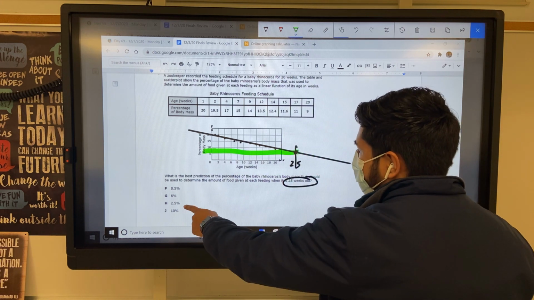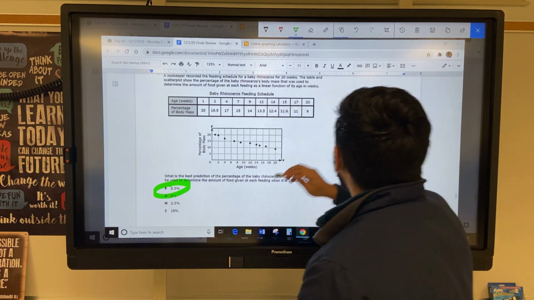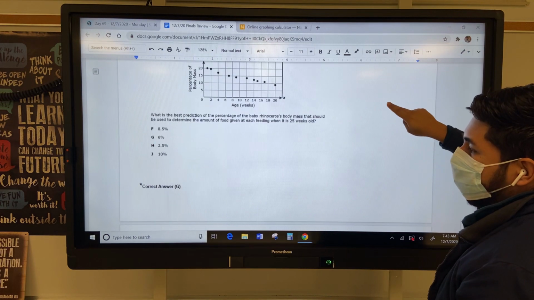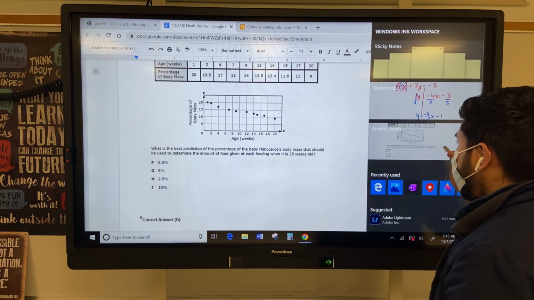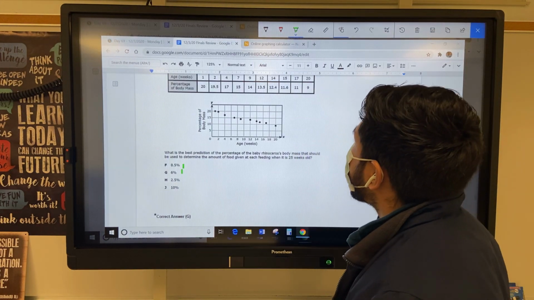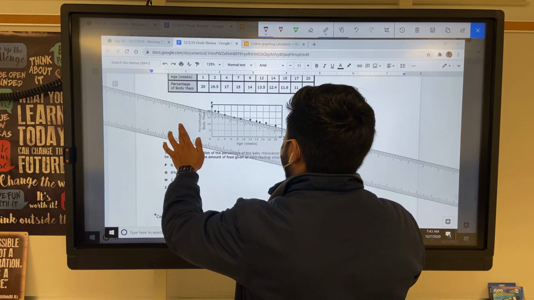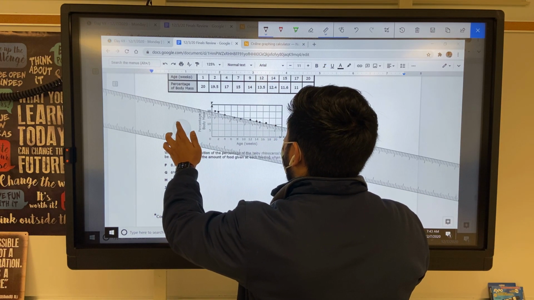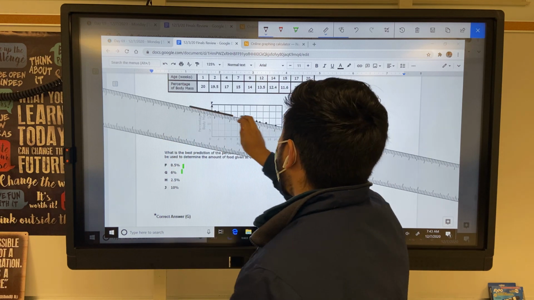It's not 6, I think it's 8.5. Am I right though? Oh, it says 6, so I was wrong. So it's either of these two. That's not good. Let's see. So you draw the best line fit, so in between all the points. Dang, I had a hiccup, ladies and gentlemen. That's okay.